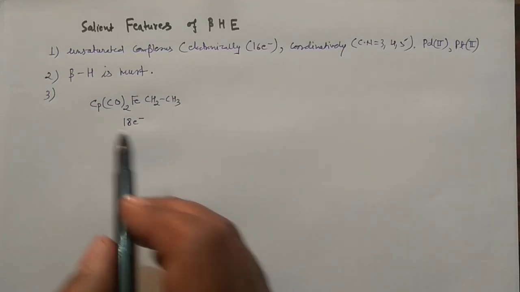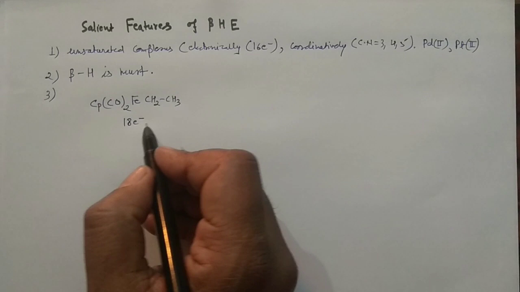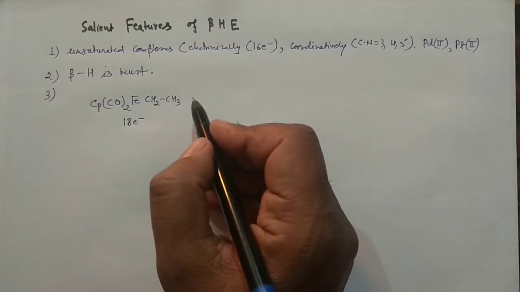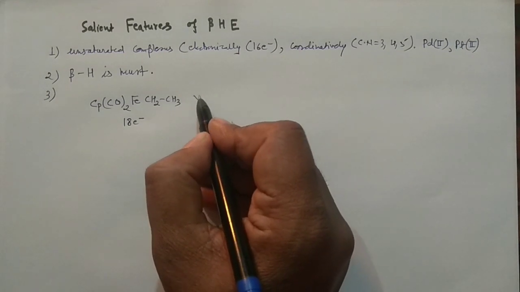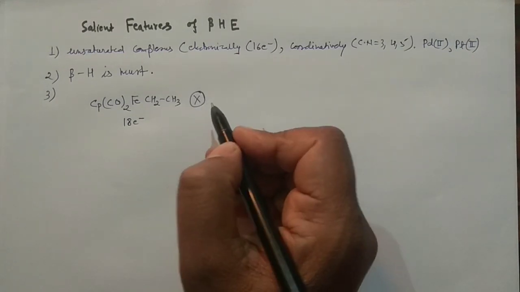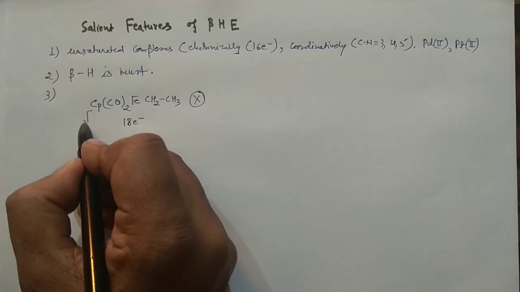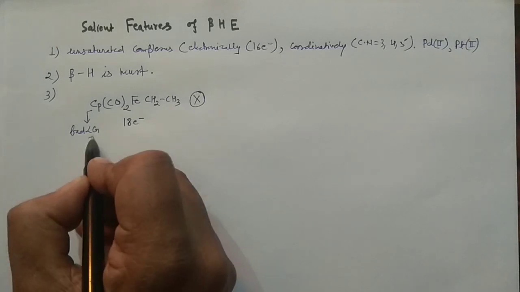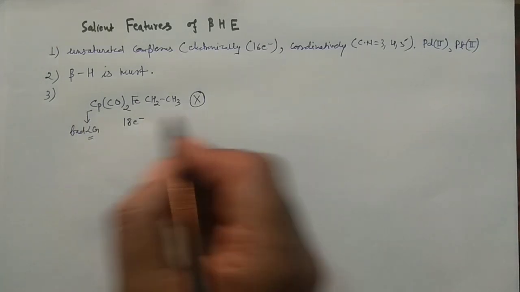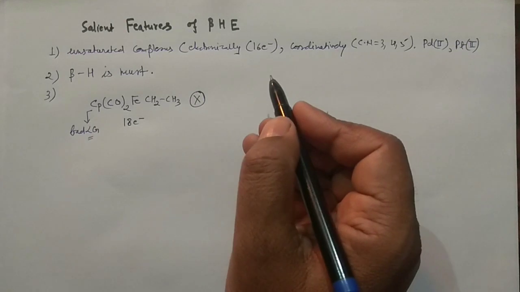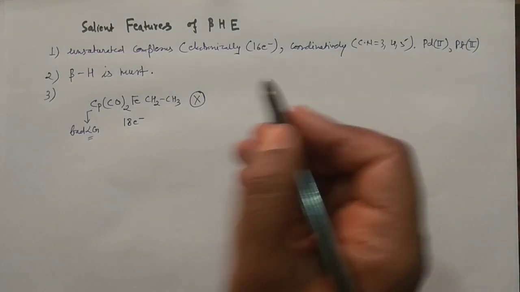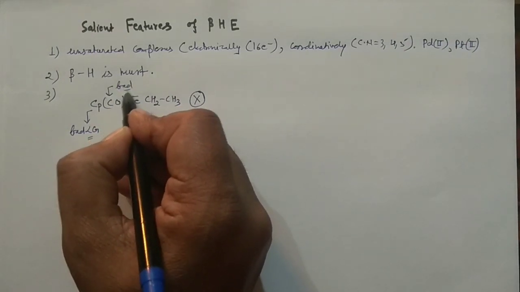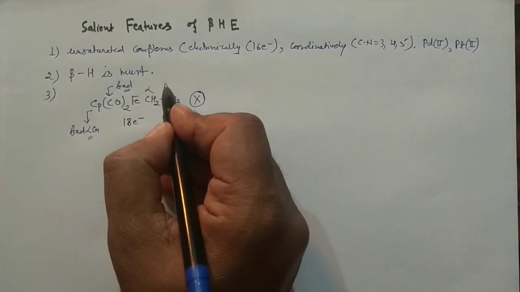But this compound cannot, as this is an 18 electron species and cannot form an unsaturated species. That means it will not undergo the beta hydride elimination reaction. What is the reason? Cp is a very bad leaving group. When it is a bad leaving group, it will not form the electronically or coordinatively unsaturated complex. Similarly, CO is also a very bad leaving group, though it has the alpha and beta carbon.